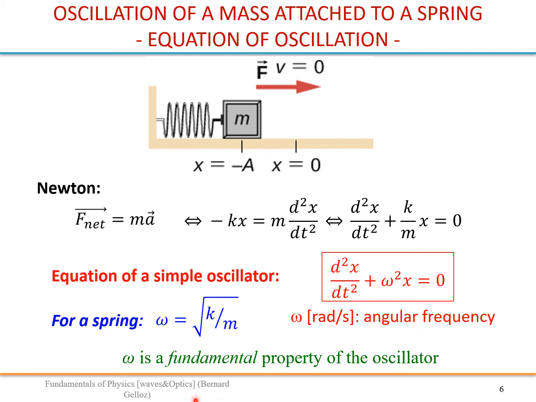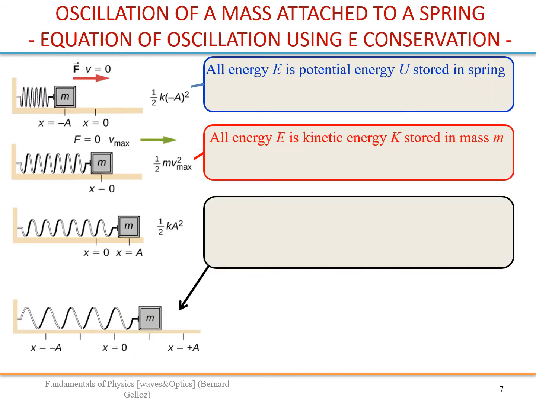In this particular case, you see that omega is the square root of k divided by m. And indeed, k and m are properties of that system. k is a property of the spring, and the mass is a property of the block. Let's now do it using conservation of energy.